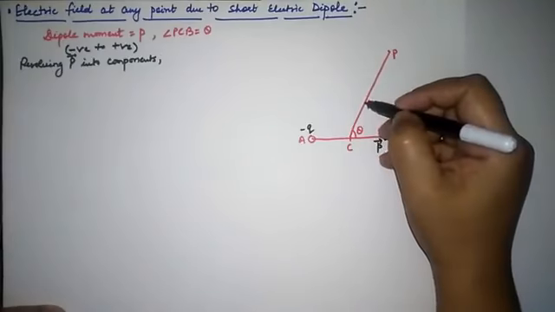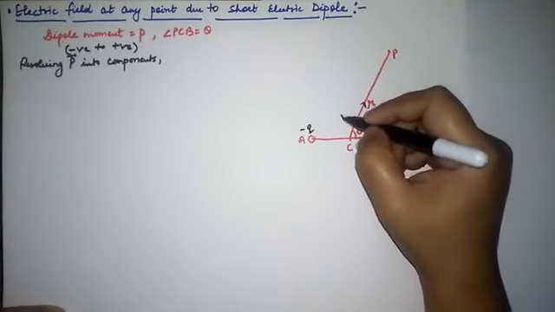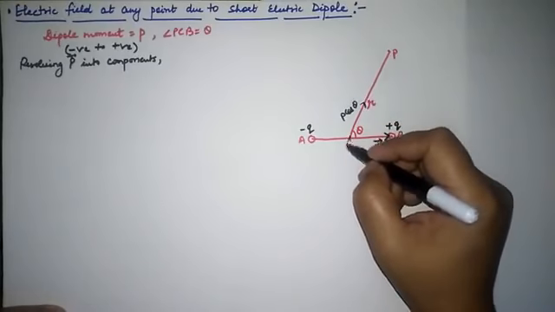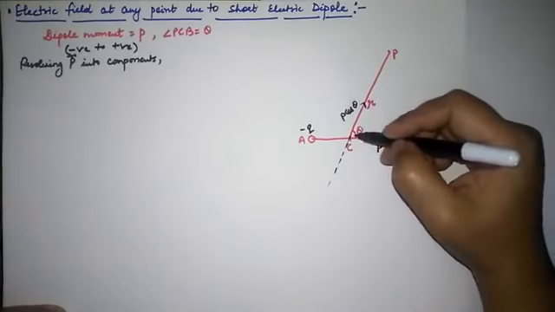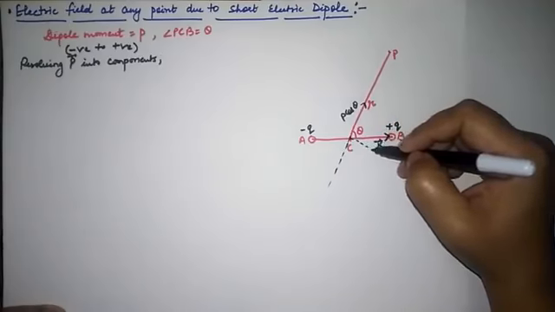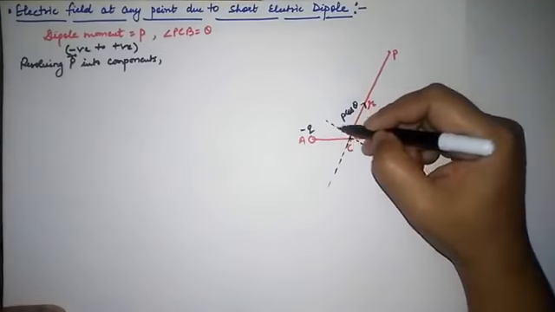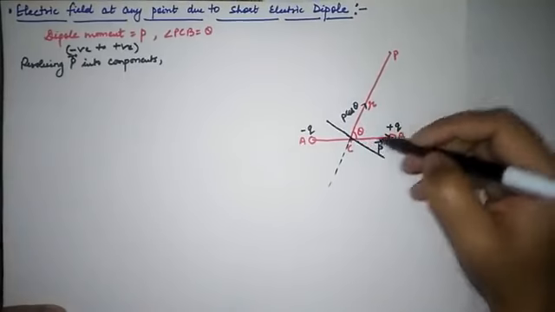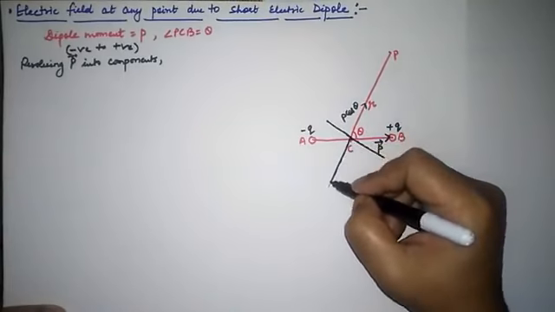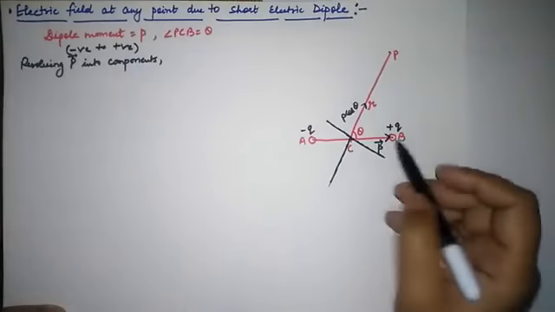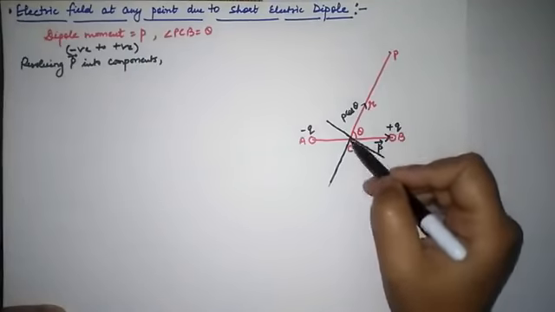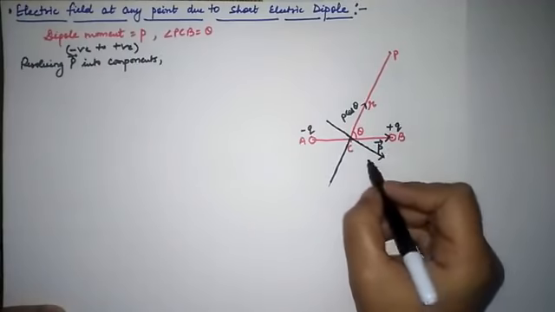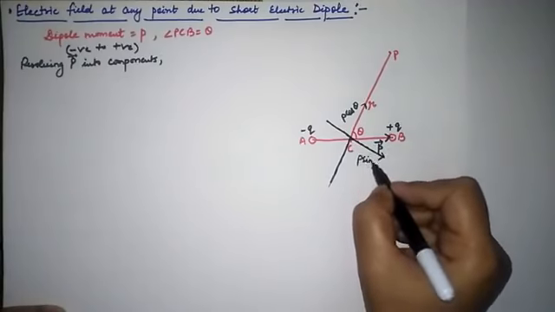So in this direction we have P cos theta, and perpendicular to this we have P sin theta, because P is lying in this quadrant. So this is the direction of P cos theta and this is the direction of P sin theta.